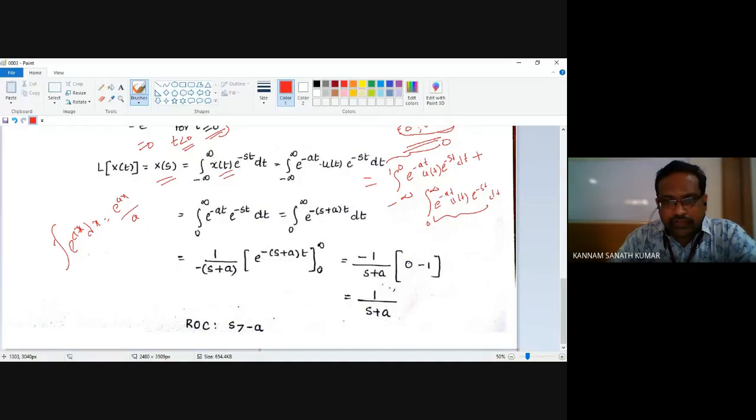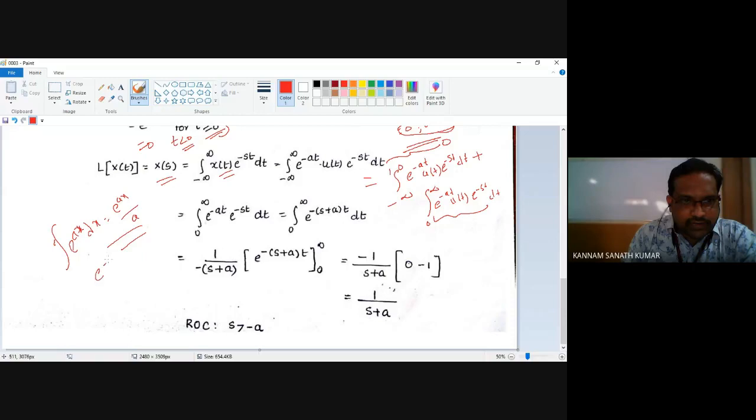So this is the integration of e^(ax). Here that gives e^(-(s+a)t) divided by -(s+a), over the interval 0 to infinity.